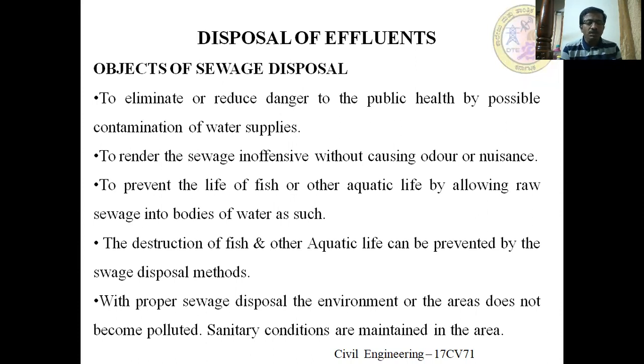Another method is the disposal of the effluent by on-land treatment. On-land treatment means the wastewater generated in a particular city is disposed of on the land. But before we dispose the municipal wastewater, it is not possible to dispose it as we wish.